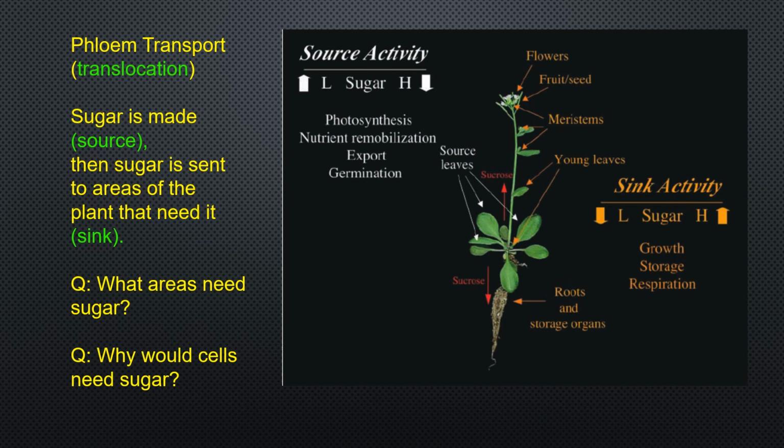So what areas would need sugar? Well, particularly the roots would generally need sugars if they aren't storing any at the time. Flowers would need it. Meristematic regions are those areas that are constantly dividing new cells. They're going to need a lot of sugar.